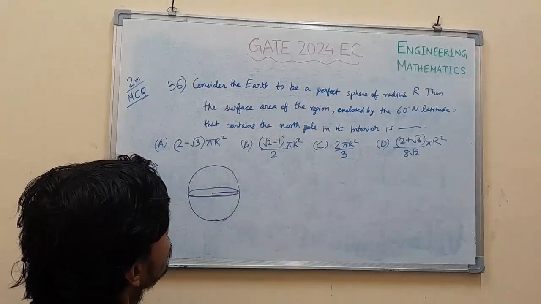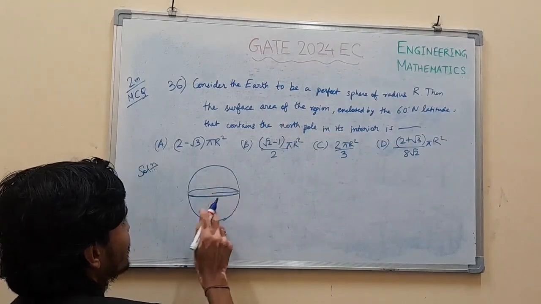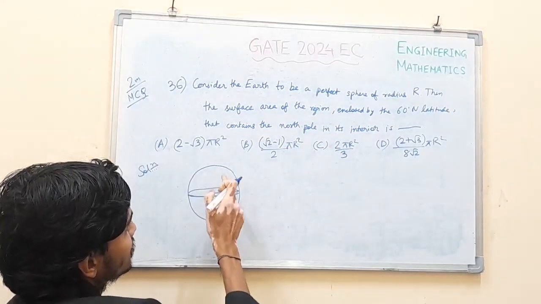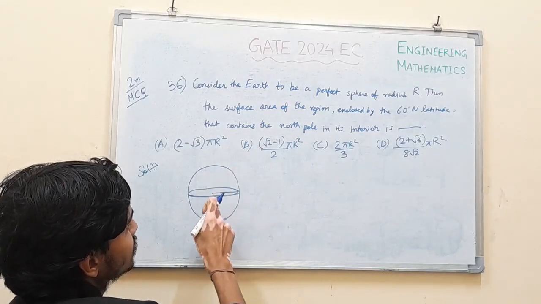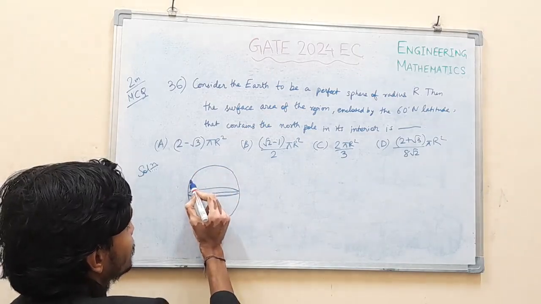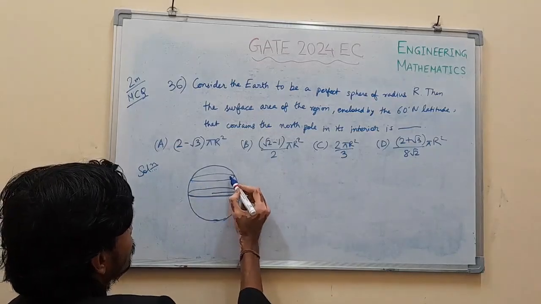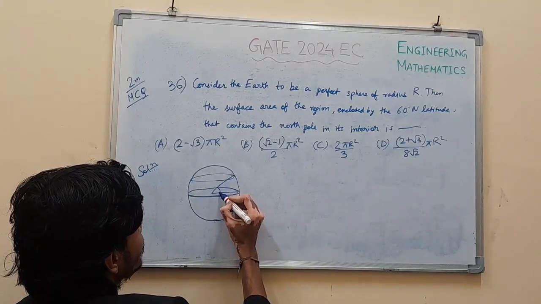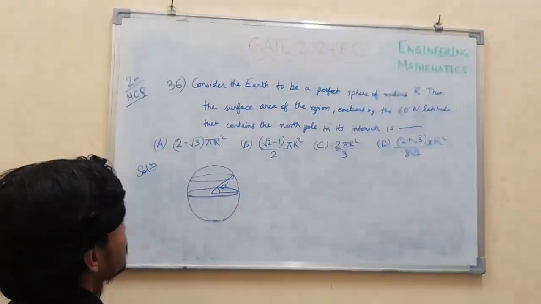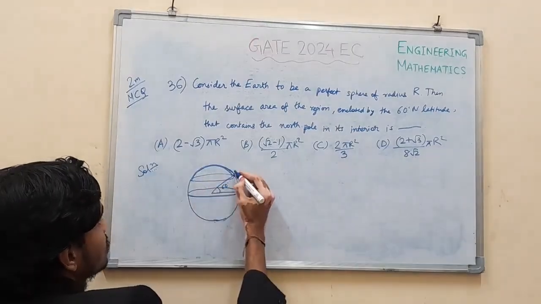Here we are required to find the surface area of the region at 60 degree north latitude. Latitude is the angle subtended by any place with the center of the earth. This angle should be 60 degree. So basically we are required to find the area of this region.